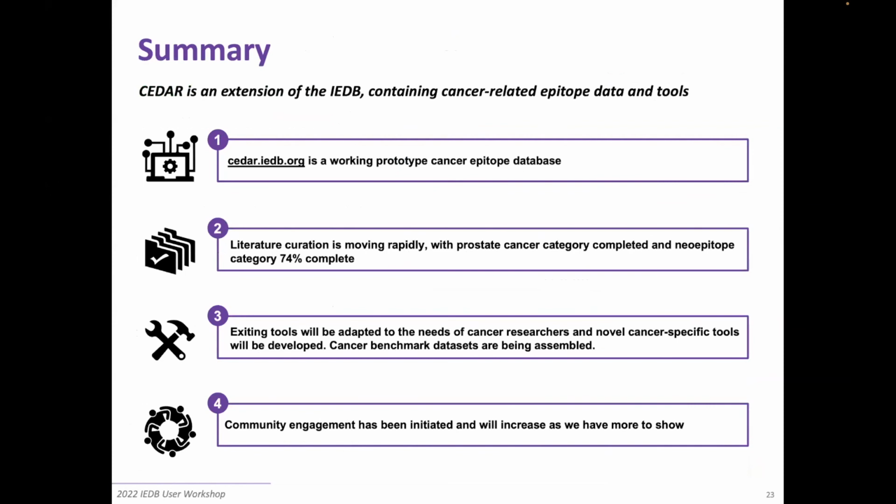So those are the main components of CEDAR. Working prototype for a cancer epitope database, literature curation going on, moving rapidly. Prostate is done. Neo-epitope will be done. Then we will move to other categories, such as, for example, MAGE antigens, or other categories of cancer antigens and epitopes.